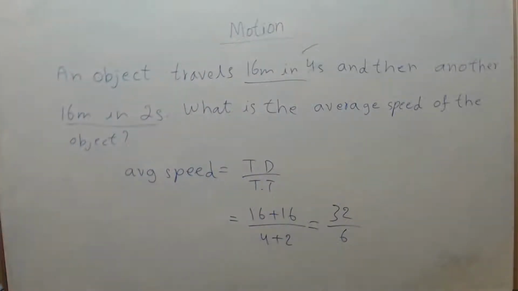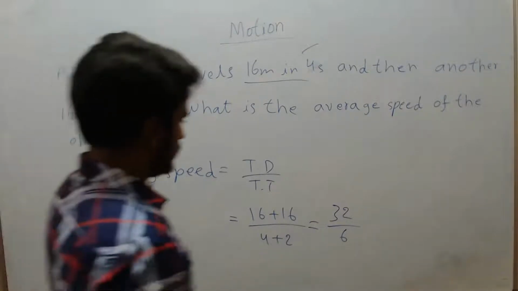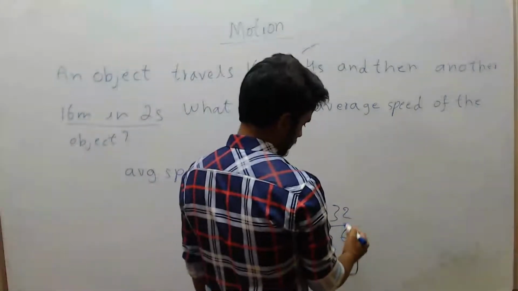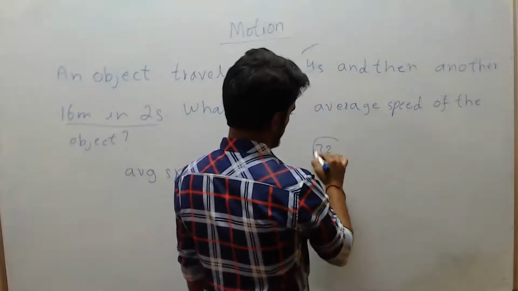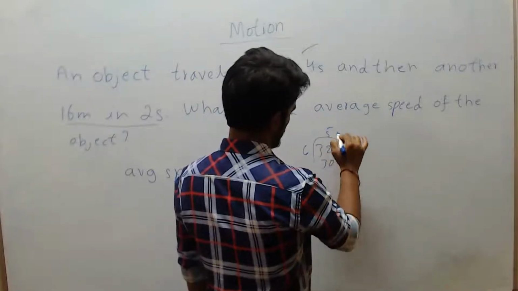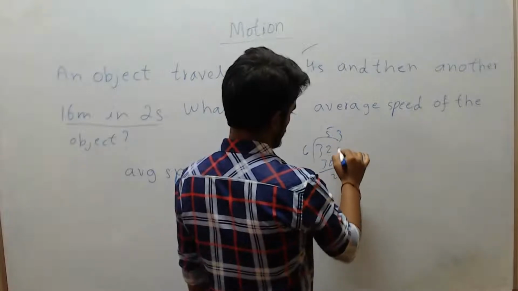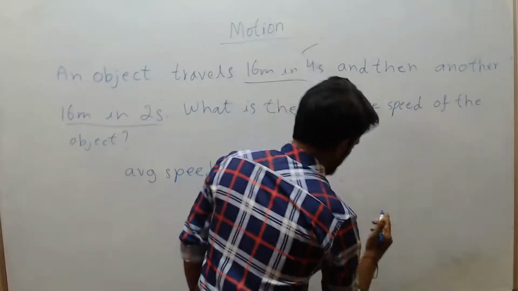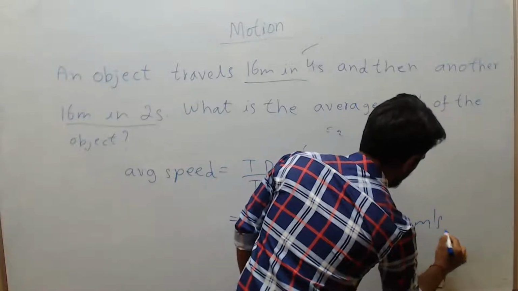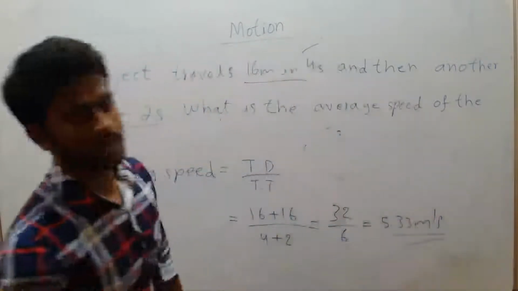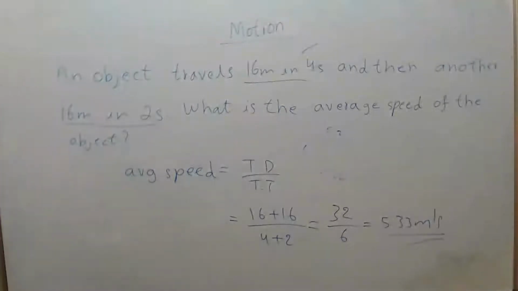Okay, what is the answer? 32 divided by 6, so you get 5.33 meter per second.